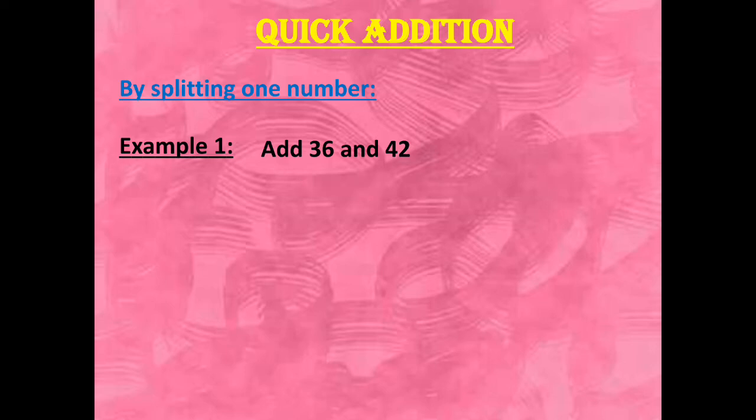First we will take the first number as it is, 36, and we are going to split only the second addend, 42. What is in tens place? It's 4, so 40. So 40 plus 2. We have split the number as 40 plus 2, that is tens and ones.